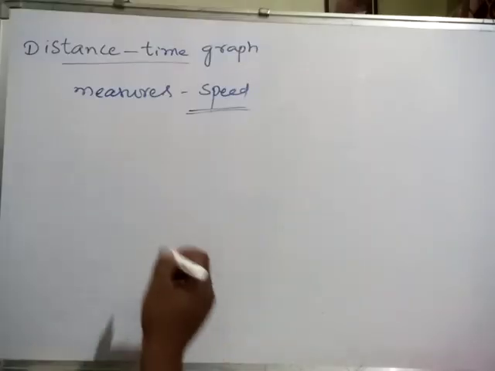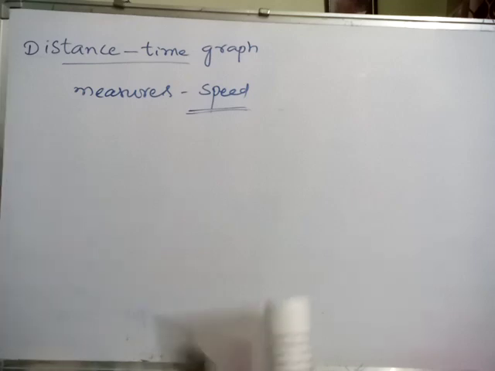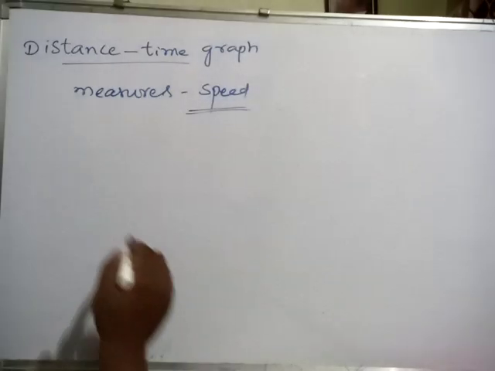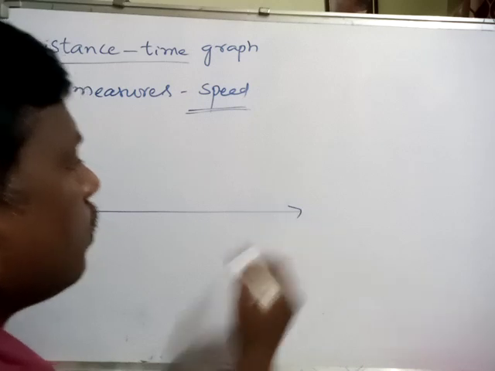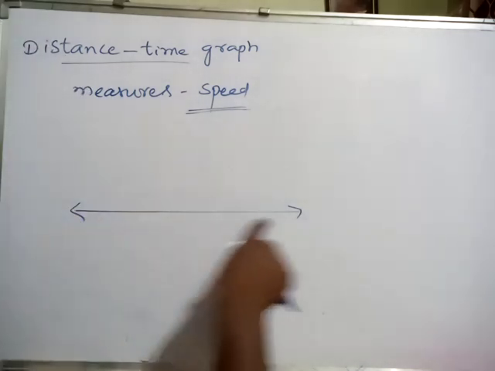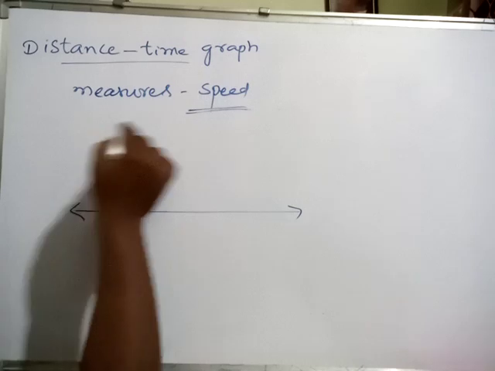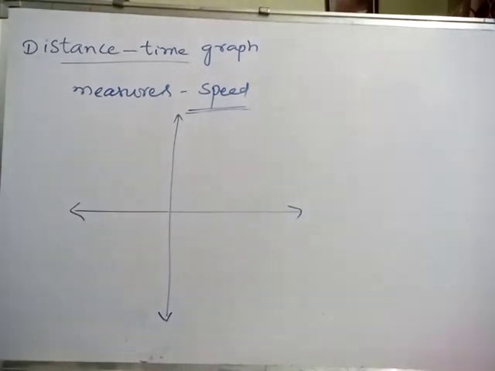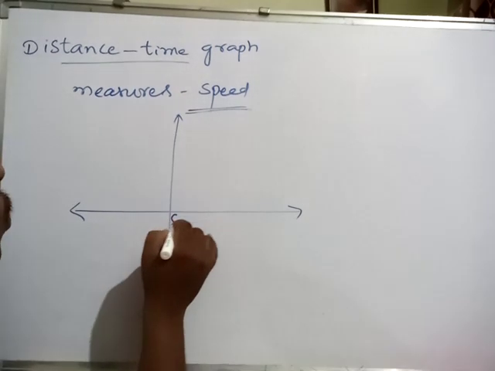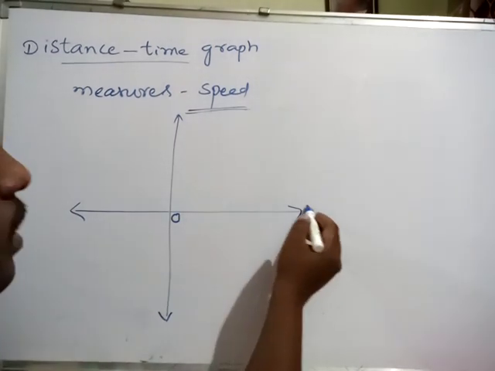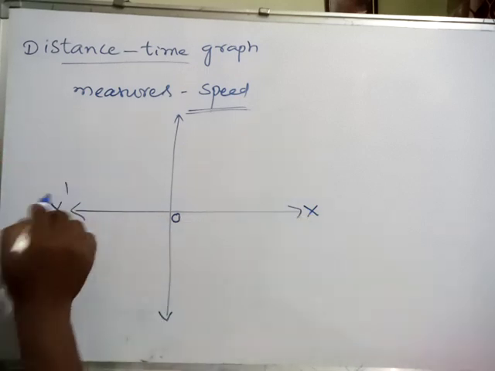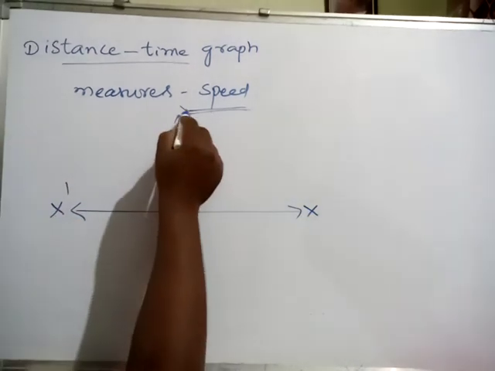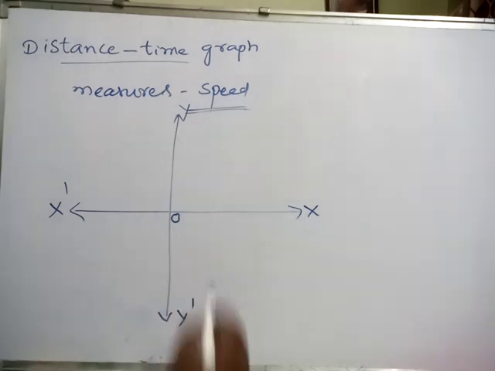So for this graph, you know very well about graph papers. This is one graph paper. On that graph paper we have to draw one horizontal line and one vertical line. These two meet at a point O. Keep here x dash and y dash.